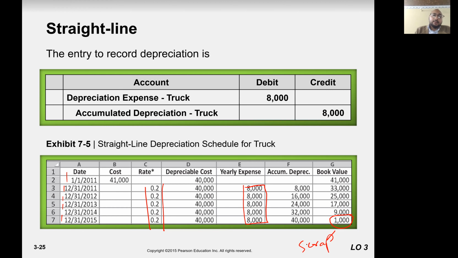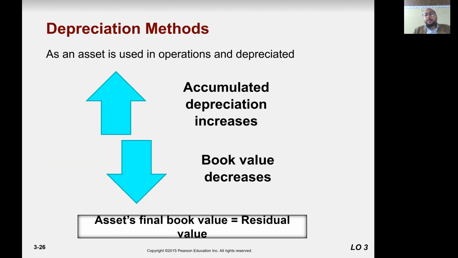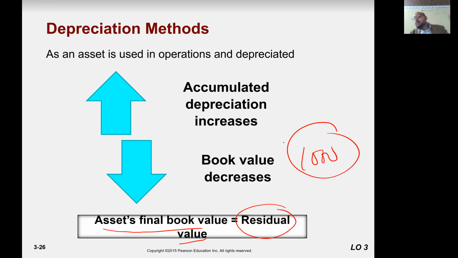So remember, the straight line method evenly distributes the depreciable cost to the number of lives, 5 years, and at the end the amount left would be exactly equal to our residual value. All right. So that's just what we talk about. Asset final book value would be equal to residual value, and after that this asset is going to be disposed for 1,000 and we buy a new asset.